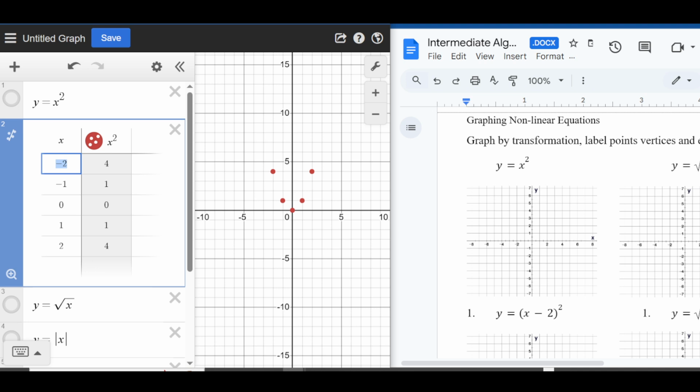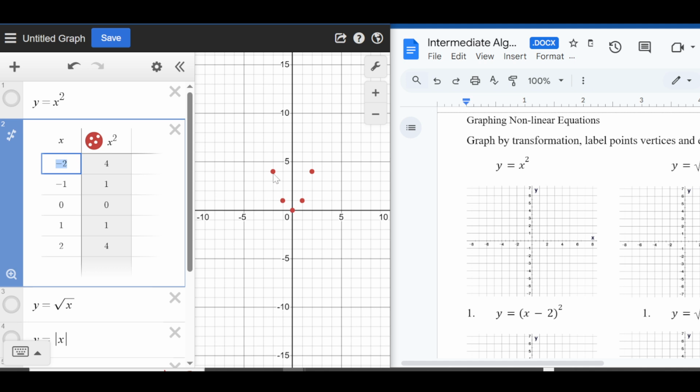If x is -2, -2 to the second power is -2 times -2, which is +4. And these are the answers, or should I say, the output. We put in 5 inputs, -2, -1, 0, 1, and 2, and you get 5 outputs, 4, 1, 0, 1, 4. These outputs and inputs actually create a point.